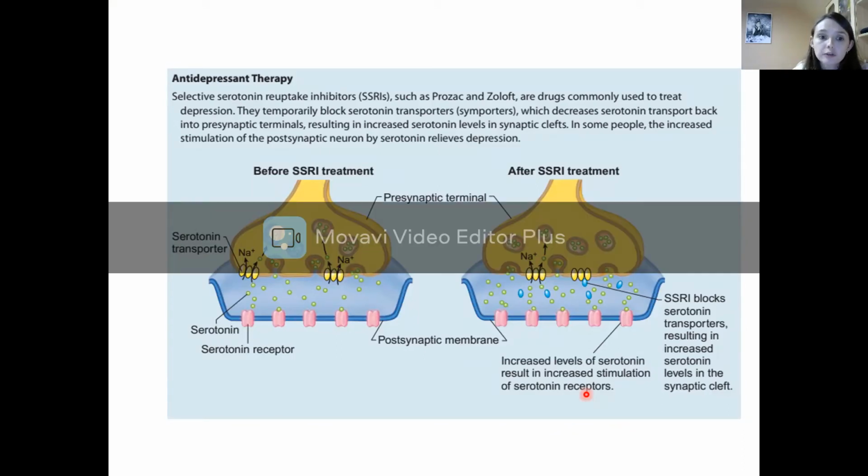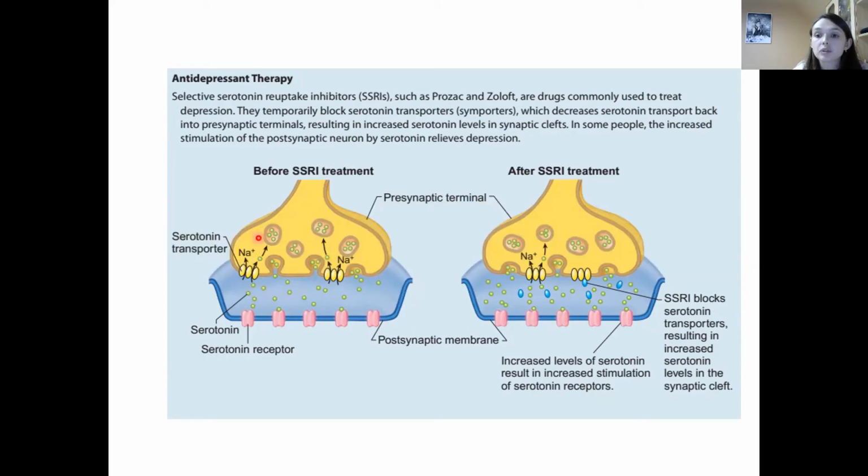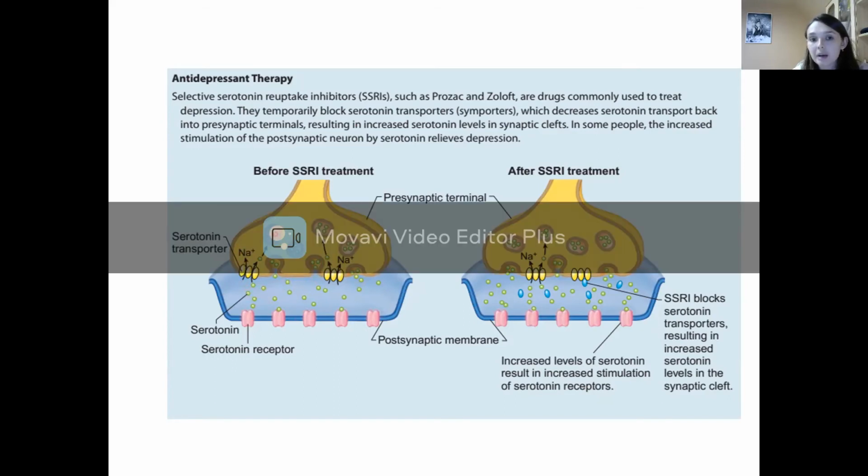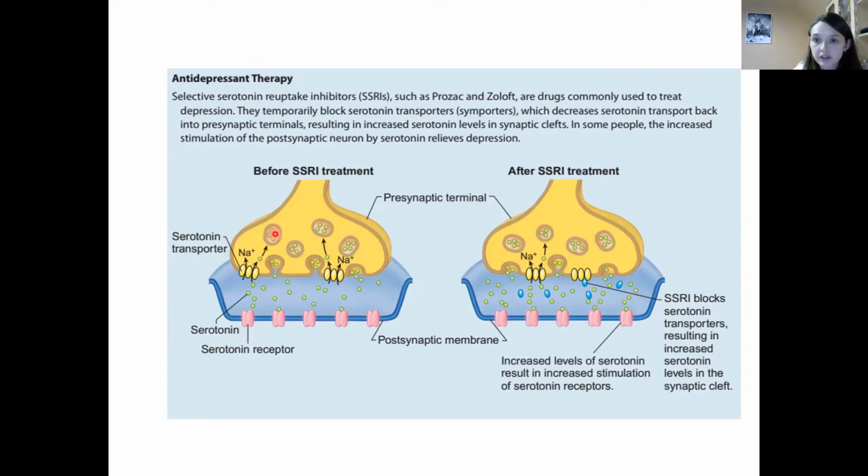In a physiological way, serotonin is mostly returned back to the presynaptic neuron. We have a specific serotonin transporter, specific proteins, which are responsible for transporting serotonin back to the presynaptic terminal and using it for further production of serotonin.